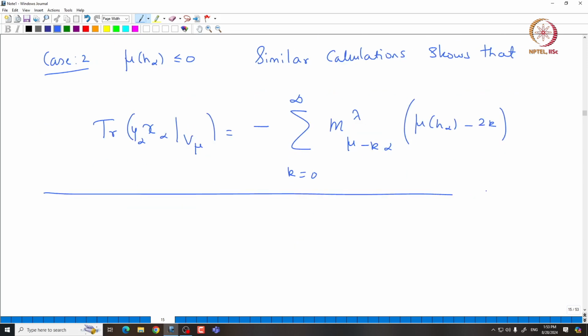Okay. So, before that we want to rewrite this double star again. How do you rewrite it? One can rewrite this using the action of h alpha. Note that h alpha is nothing but the commutator of x alpha and y alpha, which is x alpha y alpha minus y alpha x alpha.